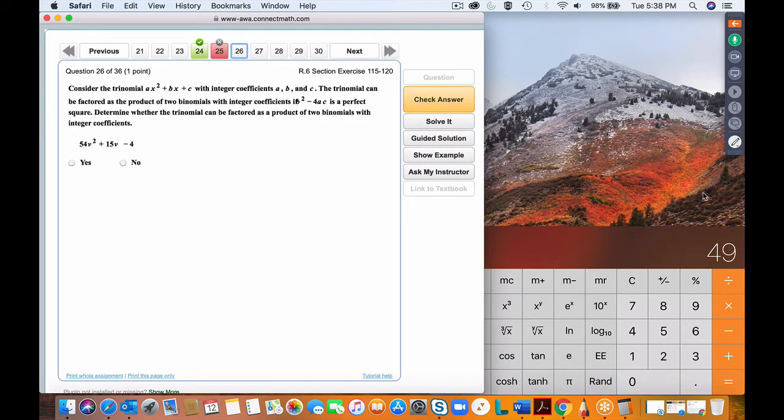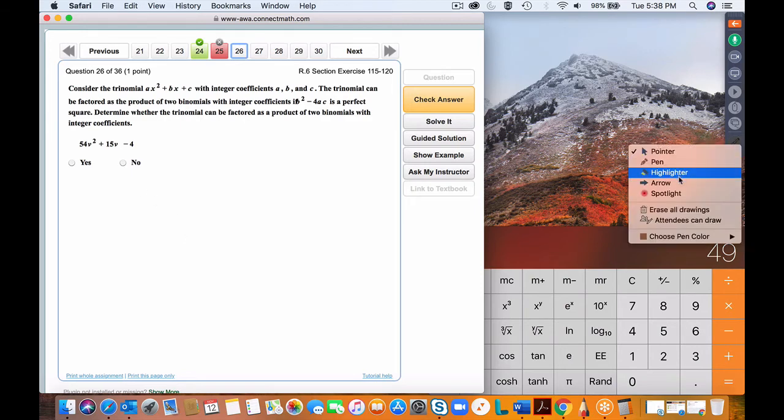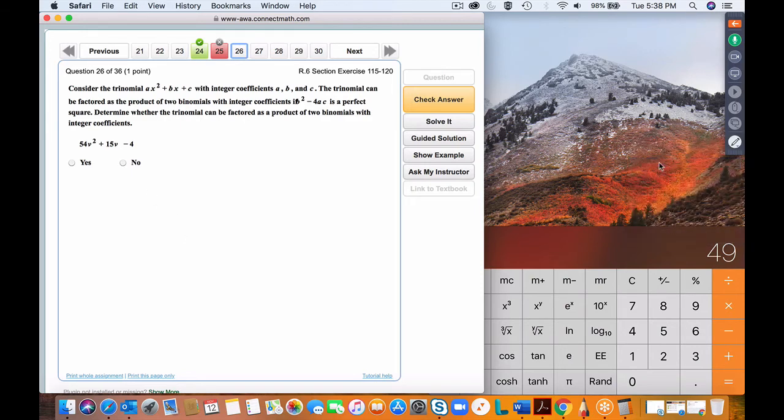For this problem, we only need to use this little formula right here: b squared minus 4ac. And remember, the second number is b, the first number is a, and the last number is c, which is a negative.